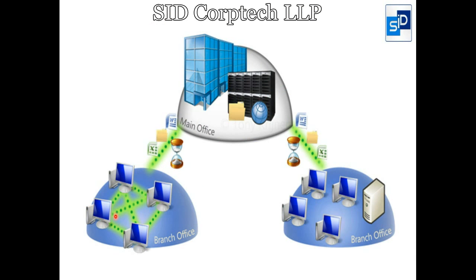Once they install it, they can immediately call the application from the branch office to the main office through the internet, or if you want to access this application in a secure environment, then we would strongly suggest you go with VPN. SID will help you in all the sectors. I mean to say, SID will help you with whatever technologies you require. SID will be happy to help you. So this is the structure of how it works.